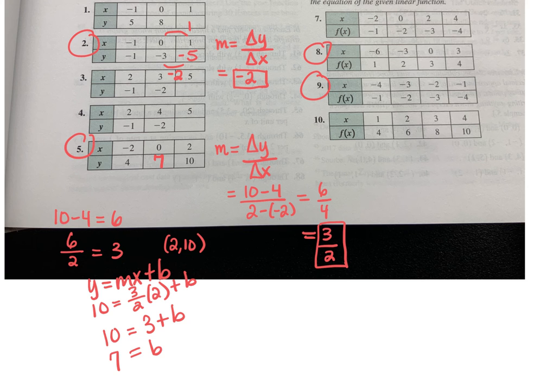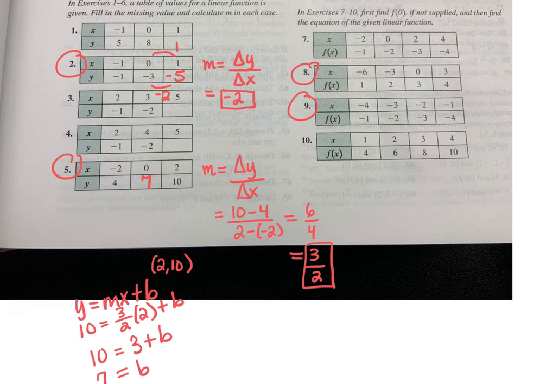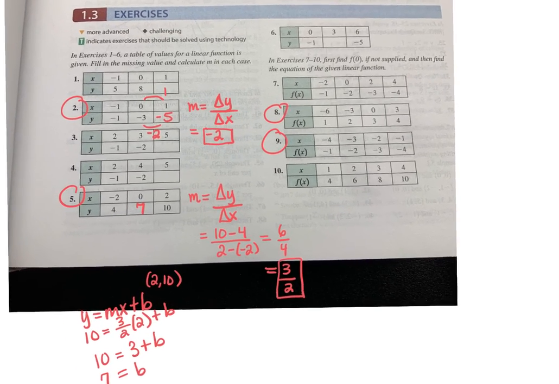Good. What questions do you have here? Okay, good. So b was equal to 7.